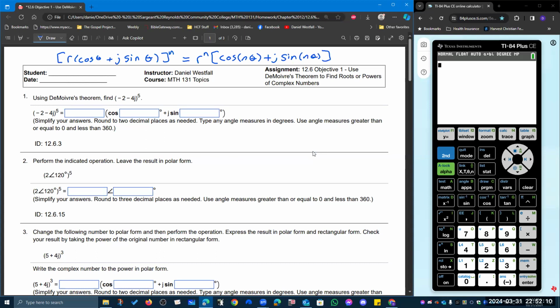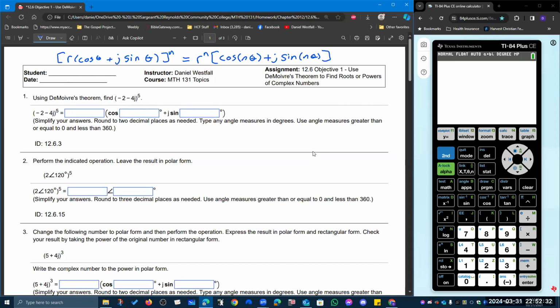And then I can simplify n theta down to an equivalent angle that's between 0 and 360 degrees by subtracting multiples of 360 if it's too big, which we're going to do here in just a little bit. But let's go ahead. I'm going to show you how to do this in your MyLabs assignments.